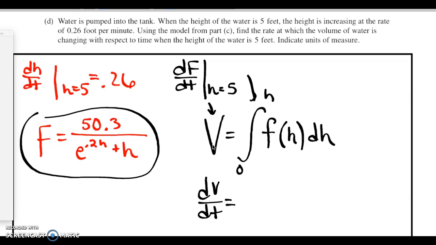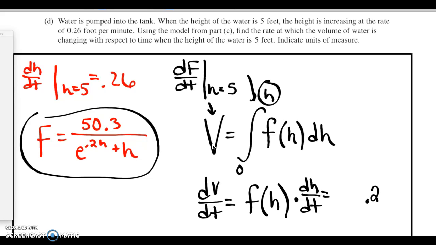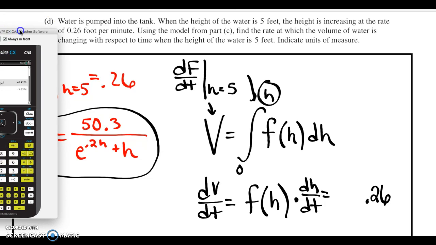Now it's an h, so we drop the integral, f of h fills in the same spot, times the derivative of h based on time, which is dh/dt, which is equal to f of 5 times 0.26. So I'm going to pull up my calculator, and I'll find f at 5.